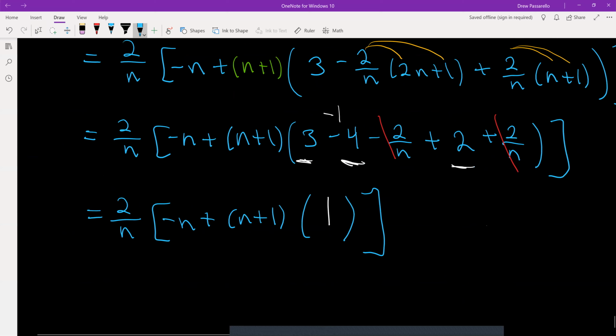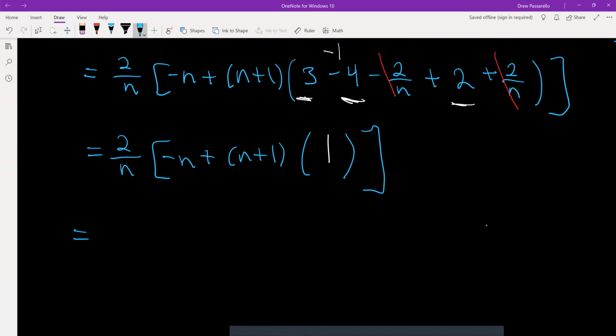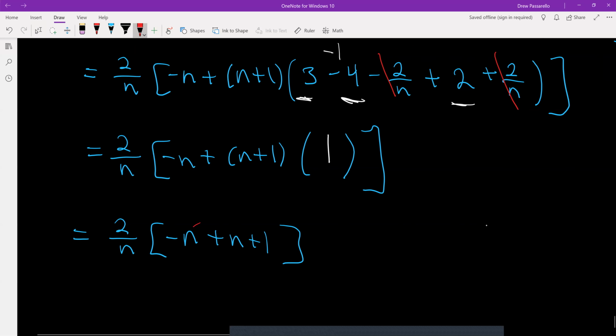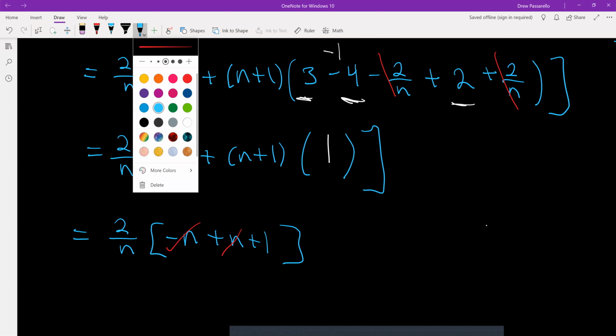Should be good. All right, so I have 2 over n, and then brackets, negative n, n plus 1 times 1 is n plus 1, so I could just drop the parentheses and write it as n plus 1. Then I could do negative n plus n, those cancel out, so you just have 1. And 1 times 2 over n is 2 over n.